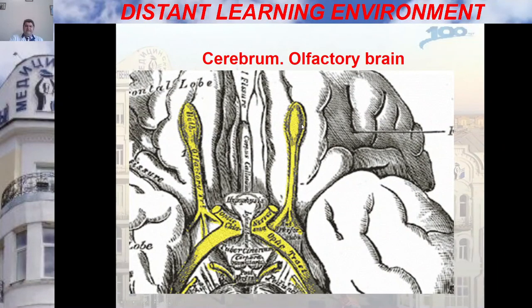And so you may see in yellow color the olfactory bulb, olfactory tract, olfactory triangle with stria, olfactory tubercle, and anterior perforated substance here.